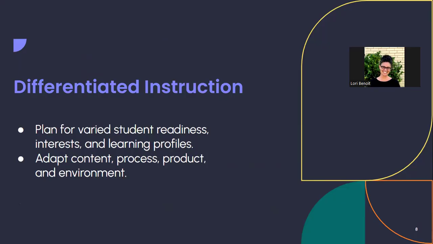So differentiated instruction helps us plan for varied student readiness, interests, and learning profiles. It helps us adapt content, process, product, and environment to ensure that all students have equal access to success.